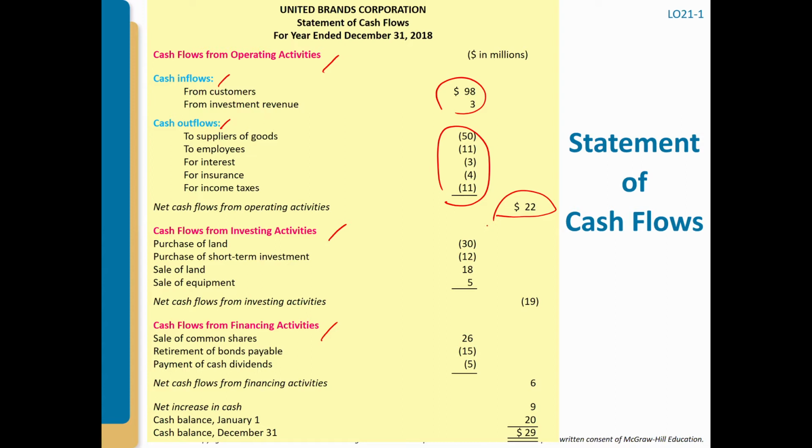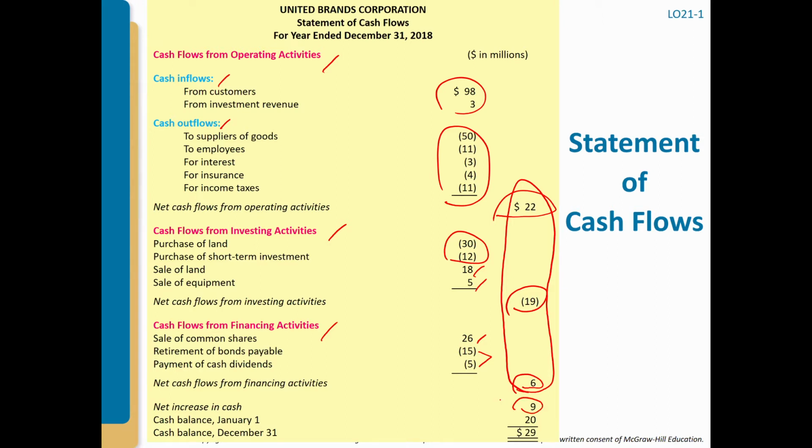Similarly for the investing activities, inflow is positive. We have two inflows and two outflows. Outflow means negative, cash decreasing. So for the total of the investing activity, cash decreased by 19. Financing is similar. We have an inflow and two outflows, so the net change is an increase. Now we add those three net changes and we got 9.